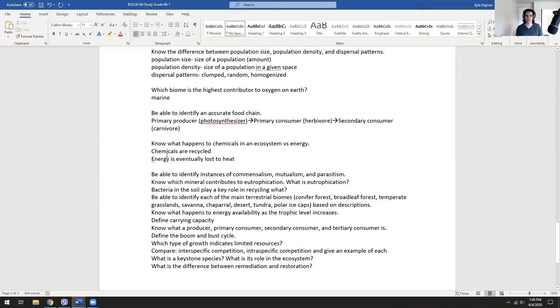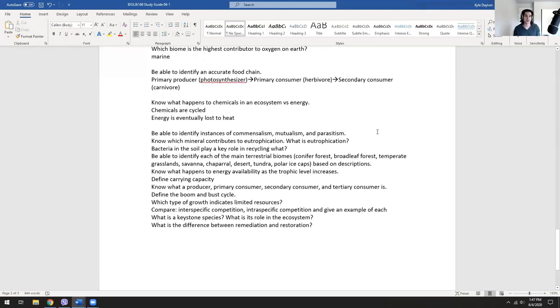We know that the second law of thermodynamics says that every time you convert energy from one form to another, you lose some to an unusable form of heat. So energy will eventually be lost to heat. However, the chemicals don't dissipate into thin air. So the carbon in the CO2, which becomes sugar, which gets integrated into your body, becomes part of a fatty acid chain, and then you die, and that carbon just sticks around. It is recycled or cycled.